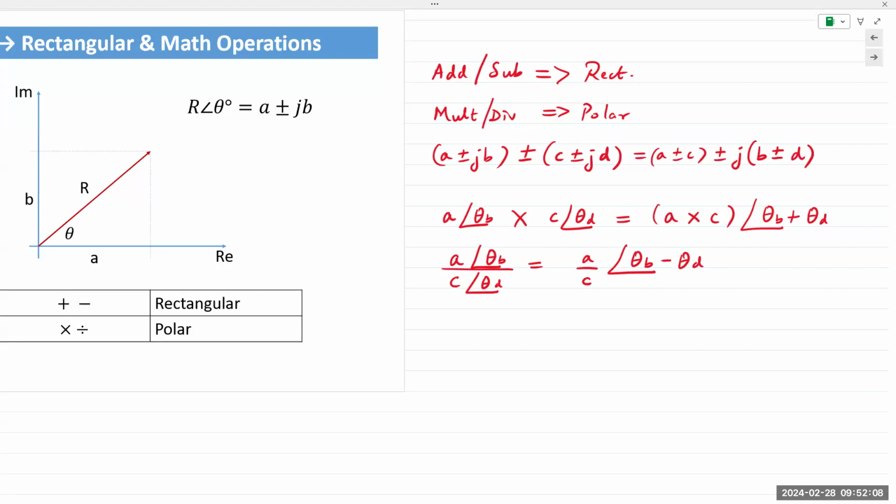So theta B minus theta D. Now, in most cases, as I said, if you have a calculator that can multiply, let's say, polar coordinates with rectangular, all you need to do is program the equation. It'll give you an answer. If you have a calculator like mine, again, from the 90s, then you can't. So you have to perform the conversion back and forth. And I'll show this to you when we actually get to examples.